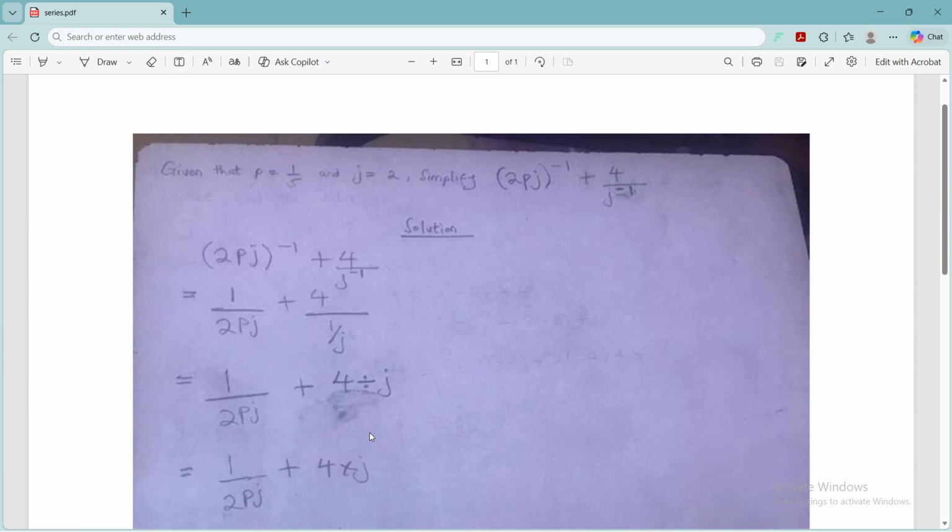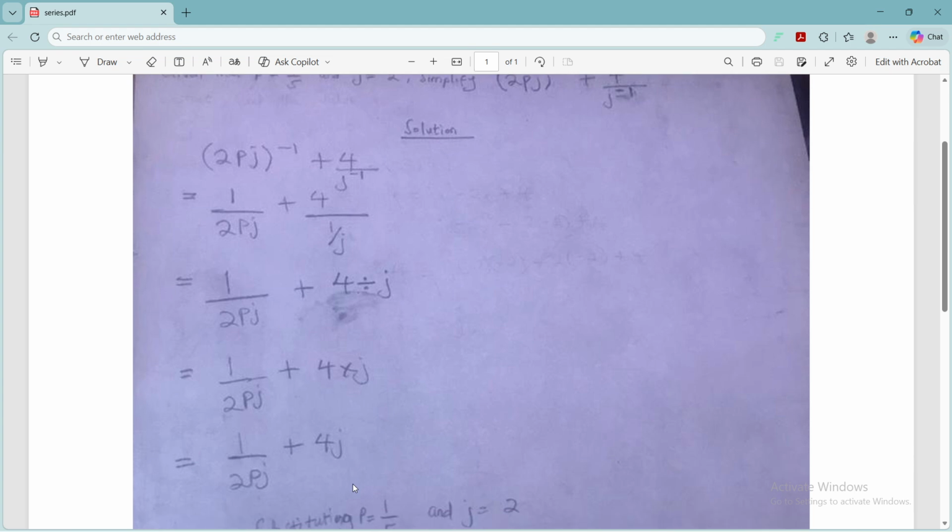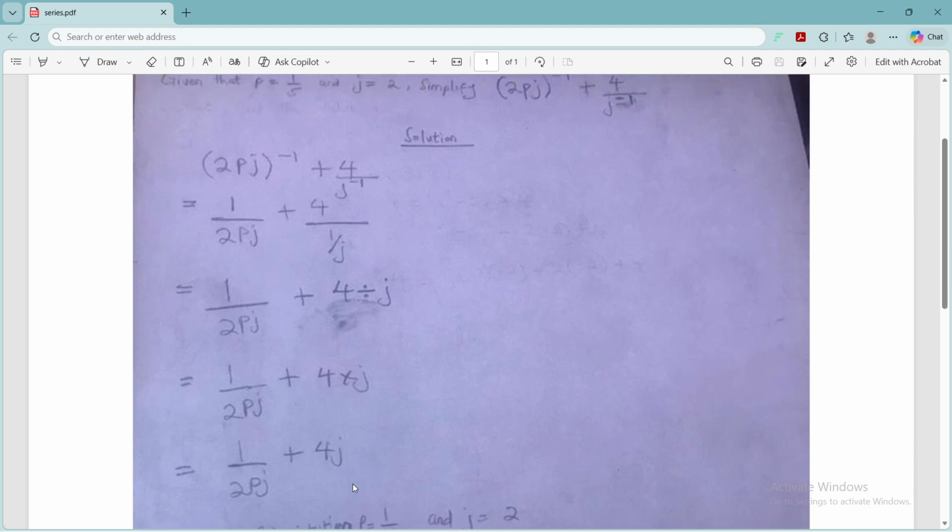In similar trajectory, addition represents subtraction, right? So here, division represents multiplication. So we are going to have the fraction 1 over 2pj plus 4 multiplying j. So in simplifying further, we are going to have the fraction 1 over 2pj plus 4j, right here. Okay, so this is our solved equation.